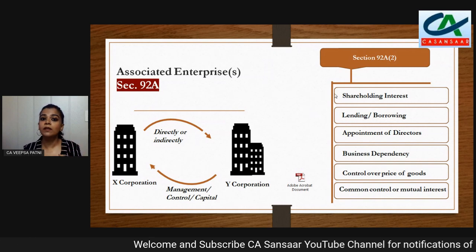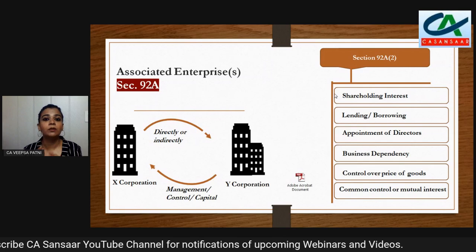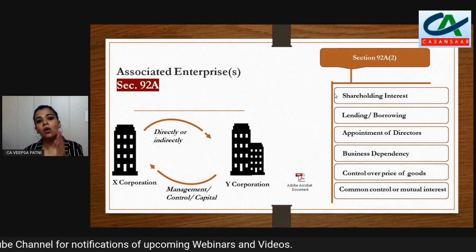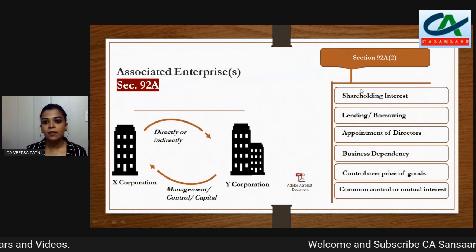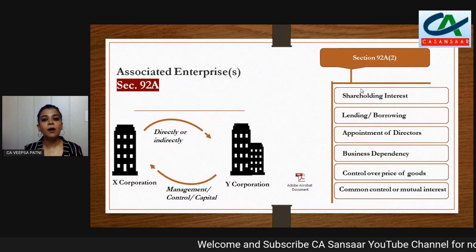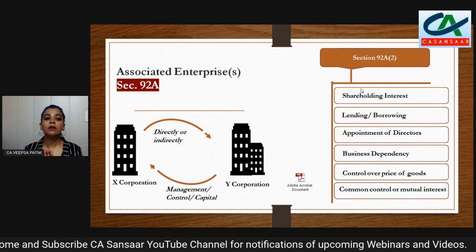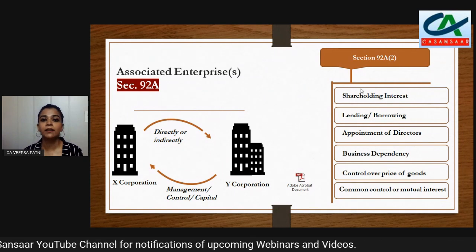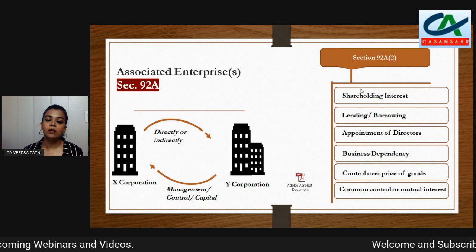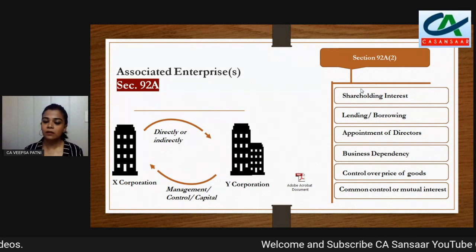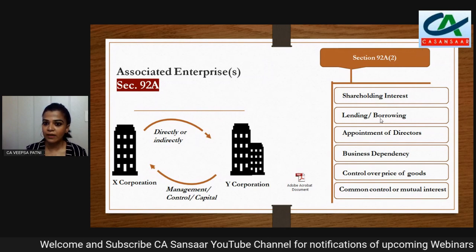If you recollect what I showed you in the sample transfer pricing report, it talked about the shareholding pattern in the organizational structure. That is how you define associated enterprise in major cases. When you do a transfer pricing analysis, in 90% of cases you will find the relationship of association in the shareholding pattern. One party would be the holding company, then another party would be a group entity or a subsidiary company of the group. So association is defined by the shareholding pattern.